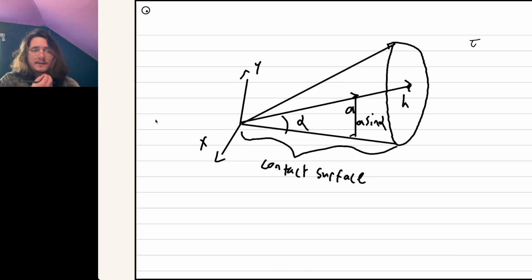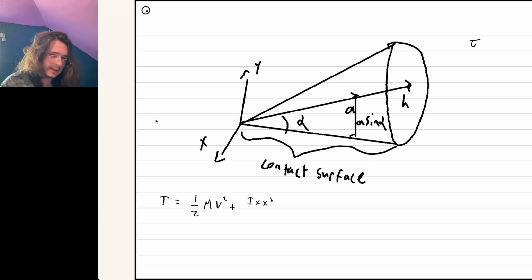So, the kinetic energy is going to have a translational term: 1/2 mass of the cone, linear velocity squared. It's also going to have some rotational terms. When we're talking about stuff in this chapter, you can just use this formula.